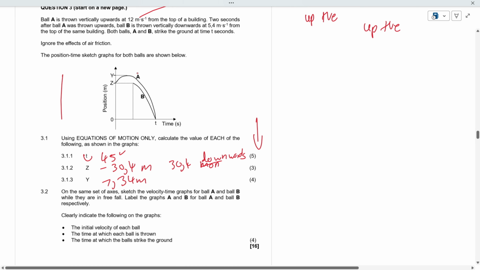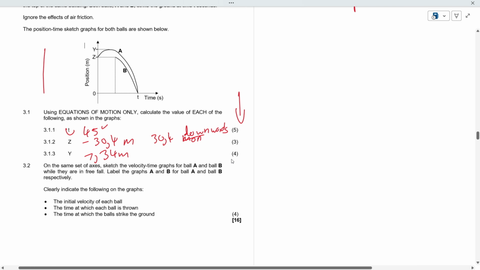So now they say that on the same set of axes, sketch the velocity-time graph of ball A and ball B while they are in free fall. Label the graphs A and B for ball A and ball B respectively.